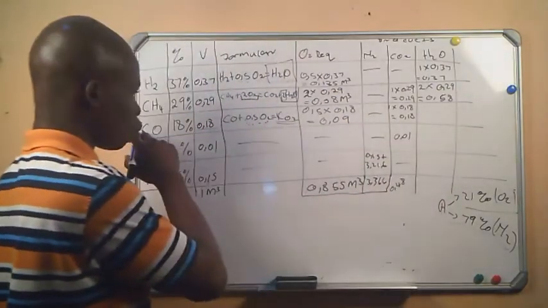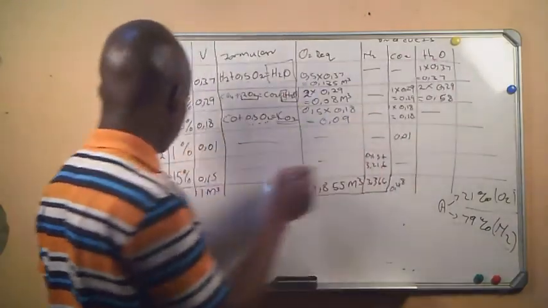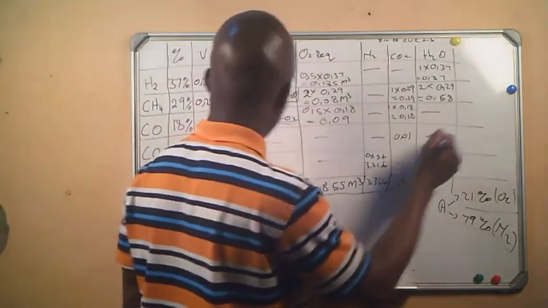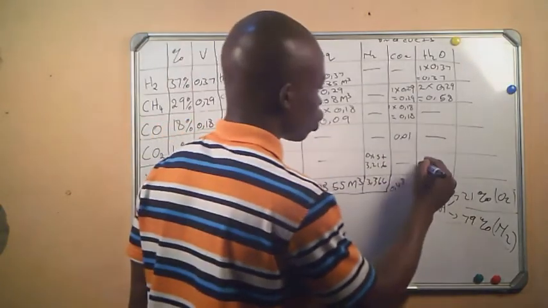And then we come to carbon monoxide. There is no water. We come to carbon dioxide, no water. We come to nitrogen, no water.